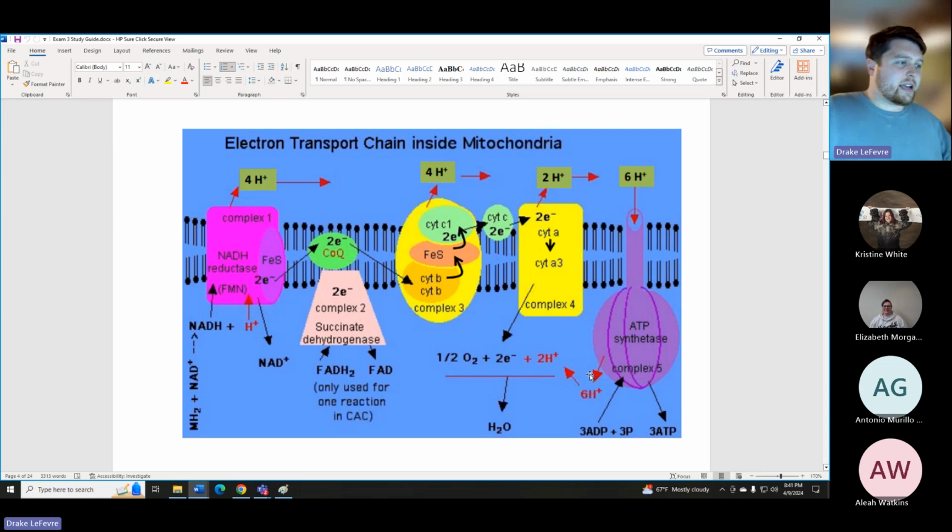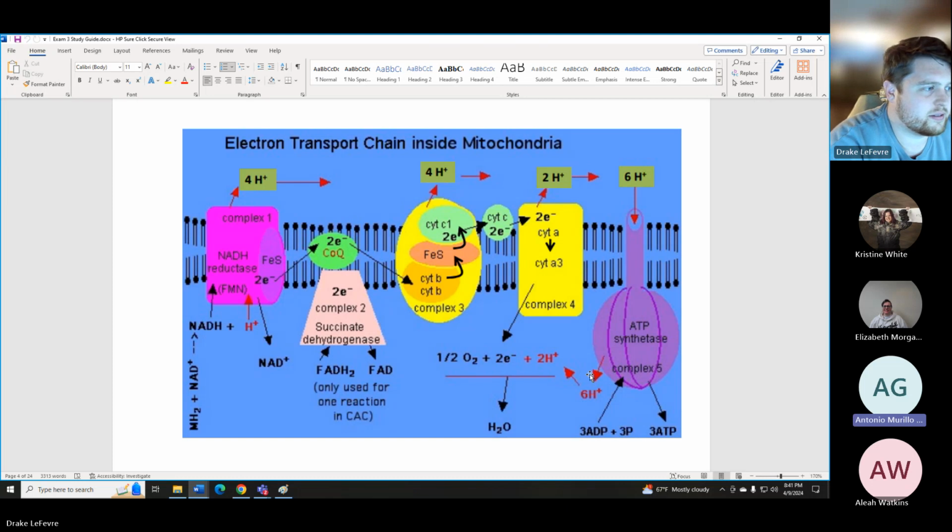What happens next? Who can walk me through what's the deal with complex 5? Three hydrogen atoms go through the ATP synthase, which produces 1 ATP. Good, yeah. So what we've done is pumped all of these hydrogens up here.